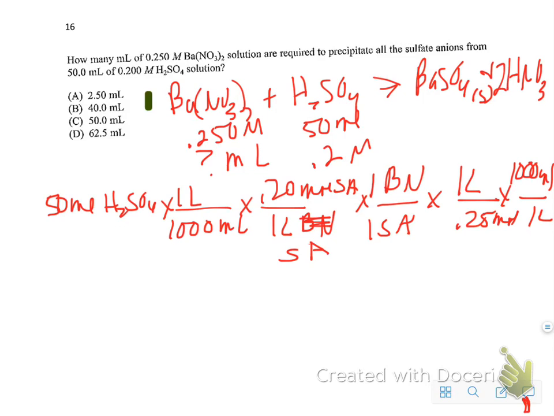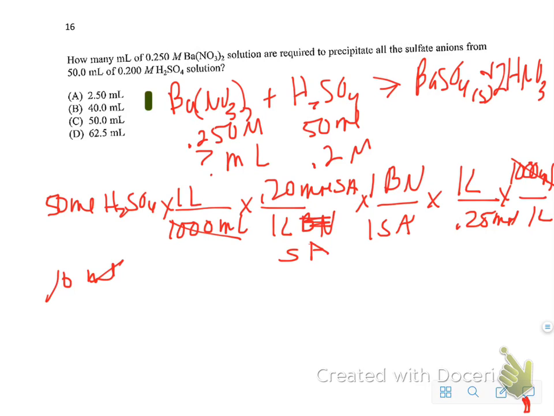Okay, so let's see what we can cancel. I can cancel 1,000 with 1,000, right? And if I take 50 times 0.2, I get 10 milliliters. I don't worry about the units because I know I'm going to have milliliters as my answer.